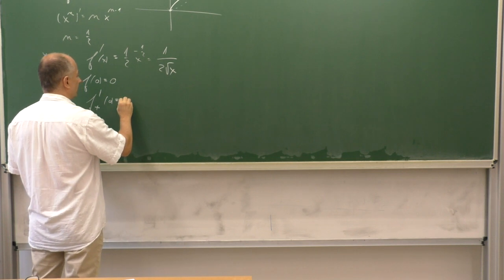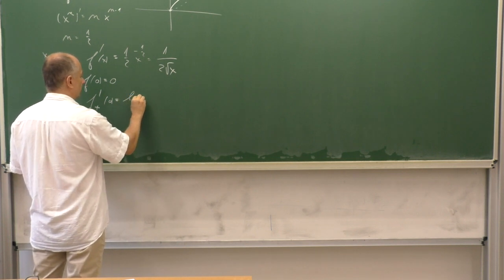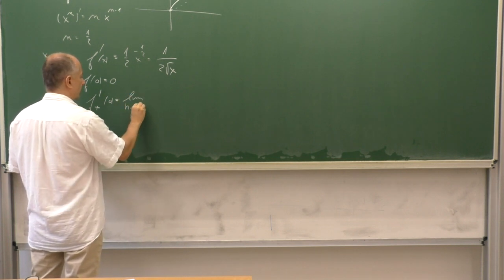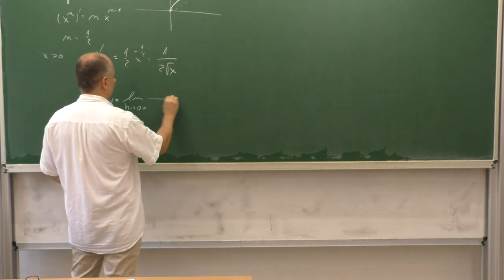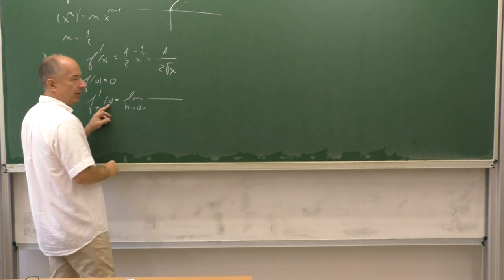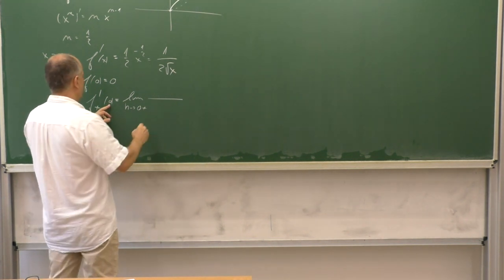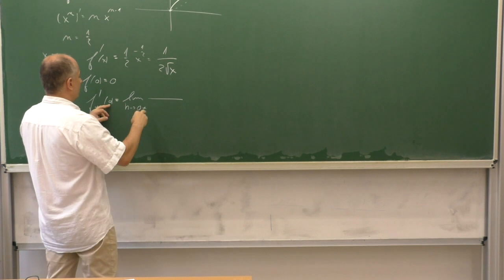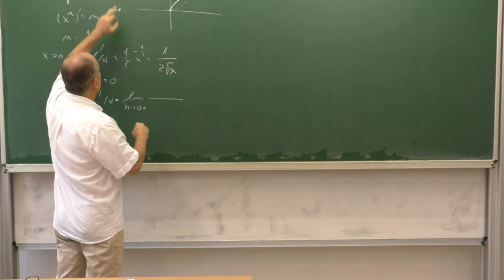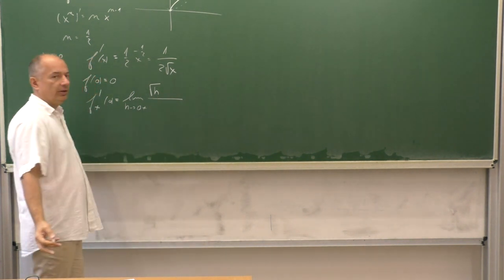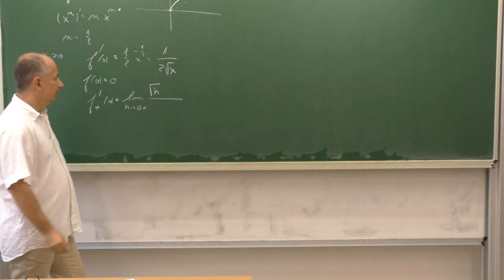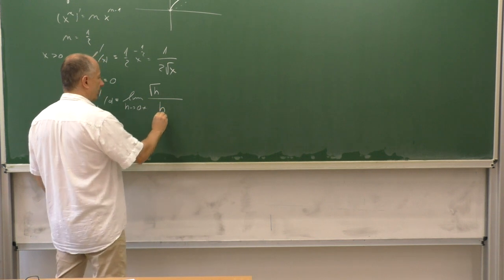when computed from the definition, is the limit for h approaching 0 from the right of the function value at x plus h, which is 0 plus h, which is h, and the function is square root, minus the function value at 0, which is 0, divided by h.